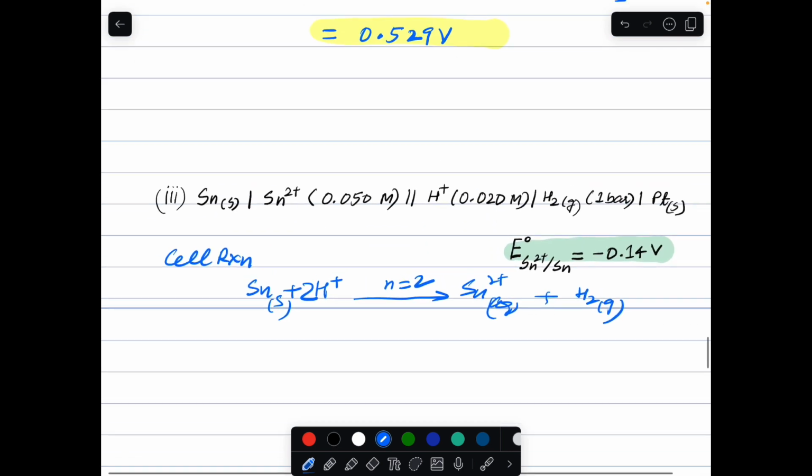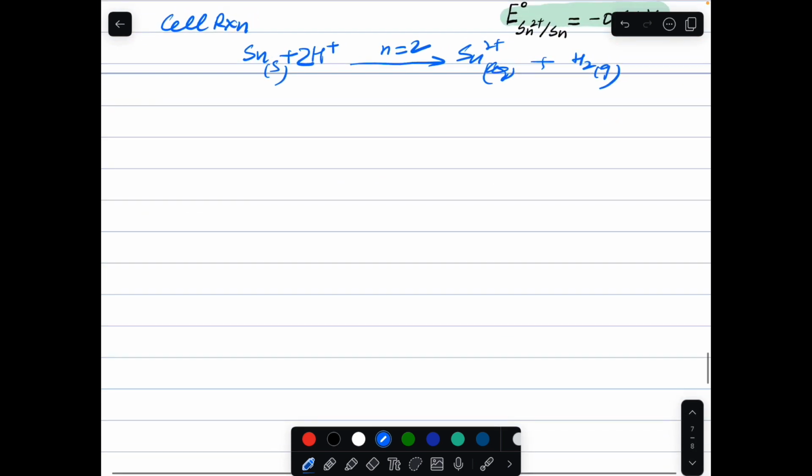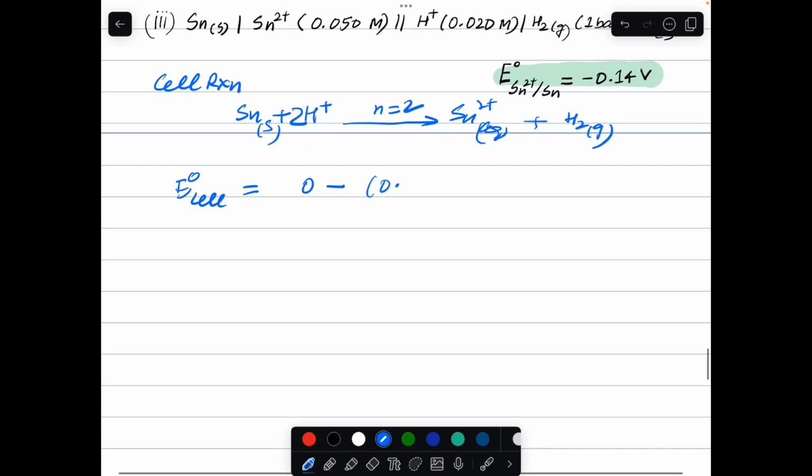So we will write down the value for E naught cell, so that we will utilize it in the Nernst equation. It is 0 for the standard hydrogen electrode, and this value is given. It is minus 0.14 volt. So this is equal to plus 0.14 volt. Then we will write down the E cell value, that is the EMF value.